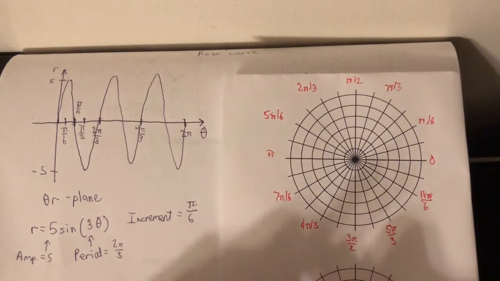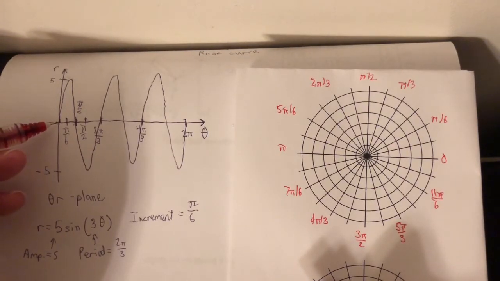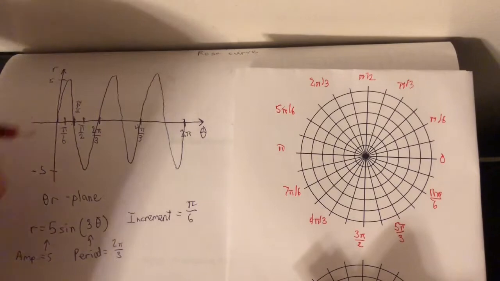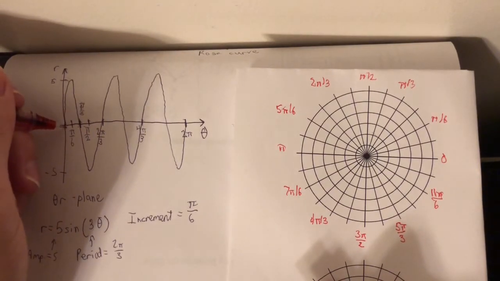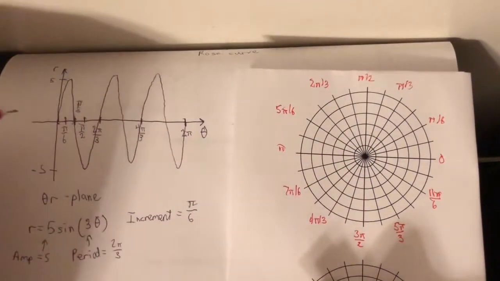All right. Let's go ahead and see what happens here. As theta increases from 0 to pi over 6, my r is going to increase from 0 to 5. So I've got the point 0, 0 on my polar graph.